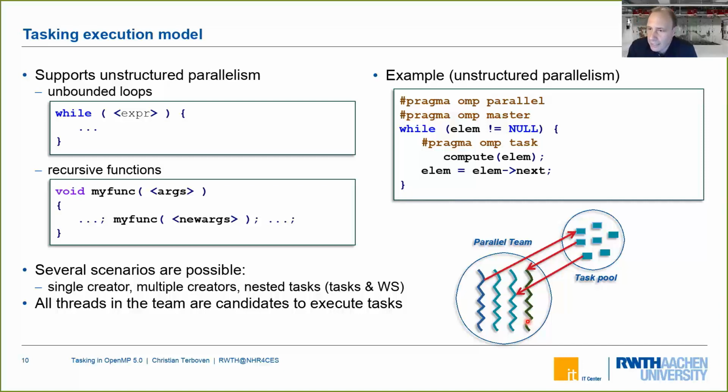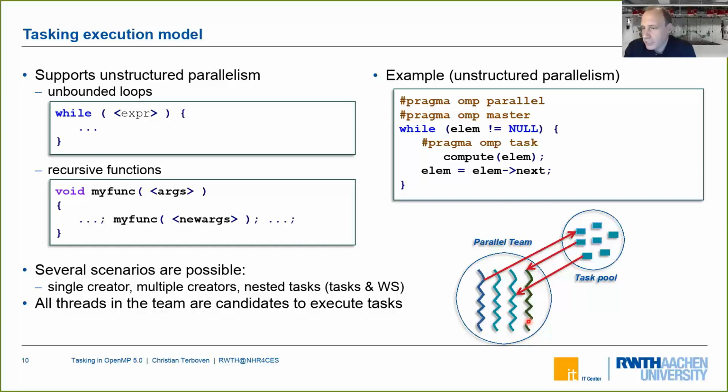And having said that, the source code snippet on the upper right-hand corner of the slide shows how to parallelize such an unbounded while loop. As long as element is not a null pointer, a task is created that performs the compute on each element.